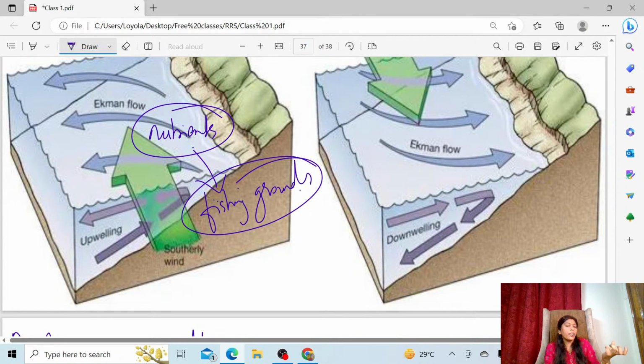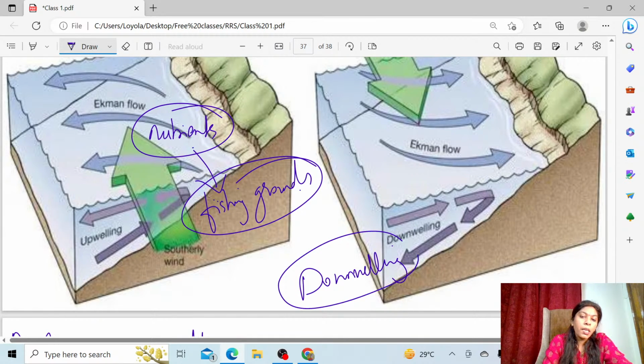If there is upwelling, then there will be downwelling too. This is downwelling. In upwelling, the lower water is brought up along with the nutrients. But in downwelling, the upper layer of the water, the warmer water, will sink down.